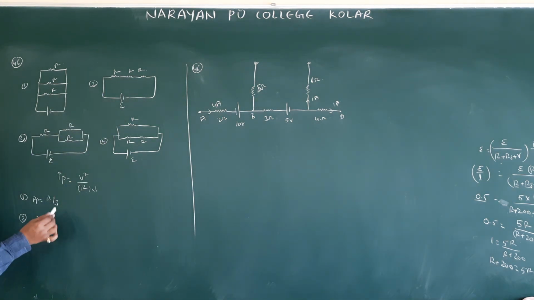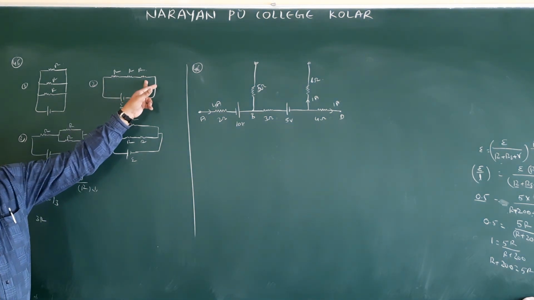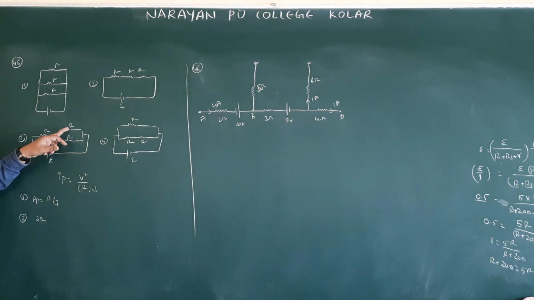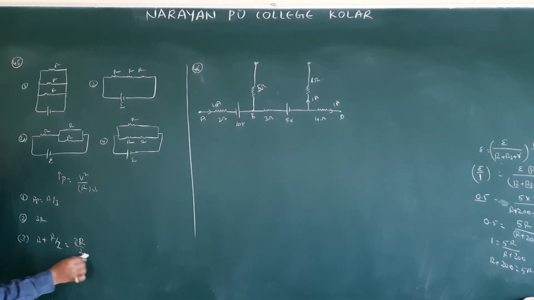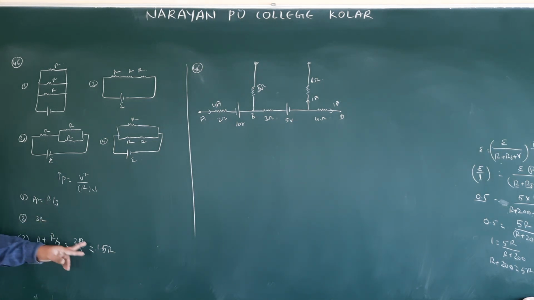Series. Second case, resultant resistance 3R. Third case, these two connected in parallel, these two connected in series. Here we will get R by 2, R plus R by 2. In third case, R plus R by 2, that is nothing but 3R by 2, 1.5R. So presently, among all these, the minimum resistance is the first option.